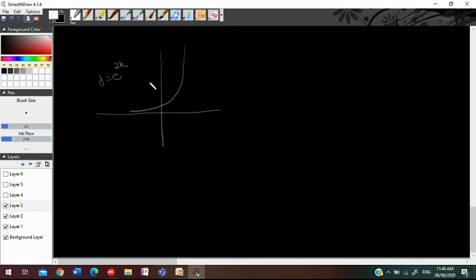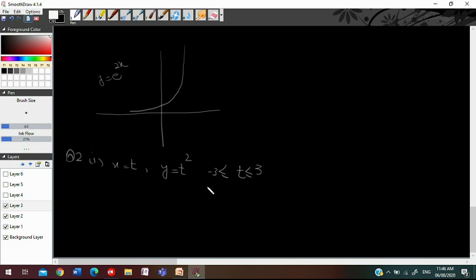Now the second question of your exercise: graph the curves that have the parametric equations. Okay, now for parametric equations, question number 2, the first part is x is equal to t, y is equal to t square, and the range of t is greater than or equal to minus 3 and less than or equal to 3.